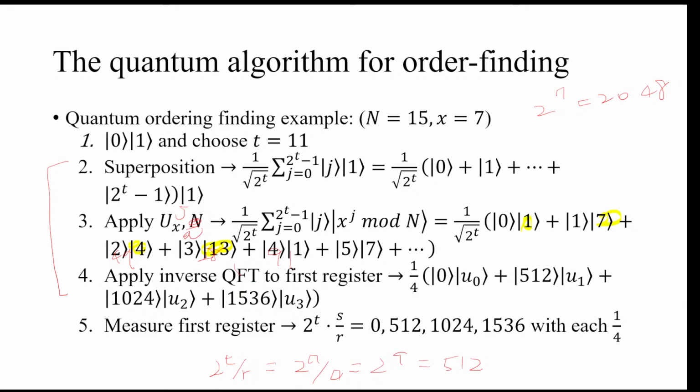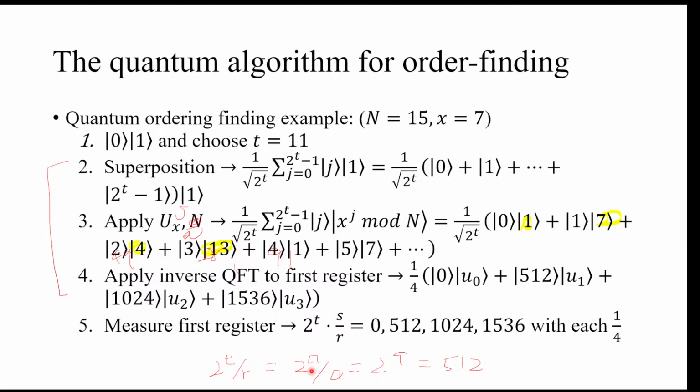And the result of the first register will be this s over r times 2 to the t. Okay, and we know r equals 4, then s is 0, 1, 2, 3. Oh sorry, so it's actually down here. Anyway, we have 2 to the t times s over r.